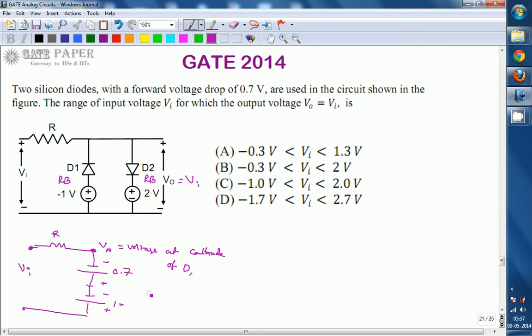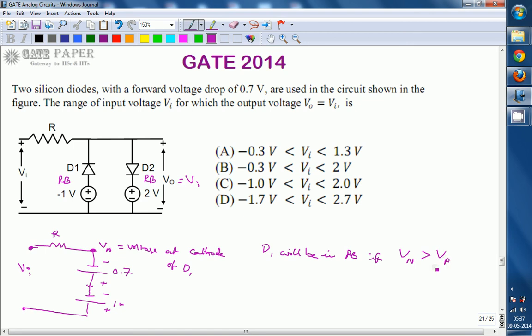Whenever the P side voltage is less positive than the N side, the diode will be in reverse bias. So D1 will be in reverse bias if the voltage at the N side is greater than the voltage at the P side.